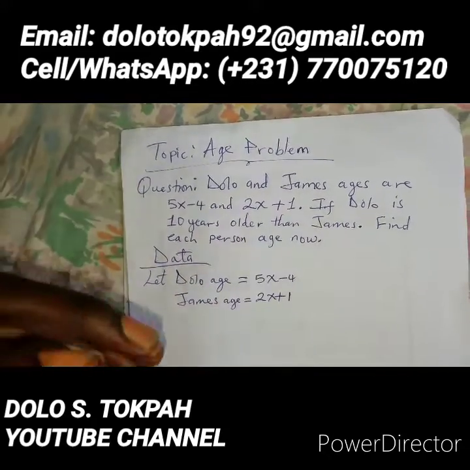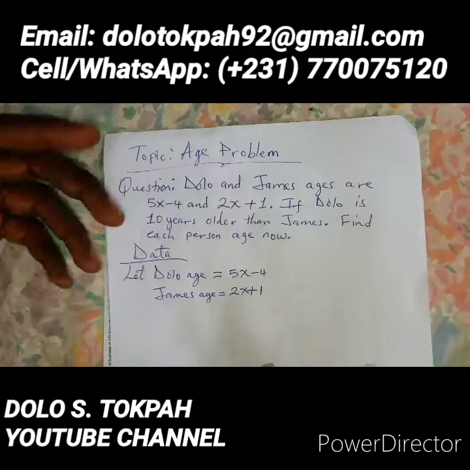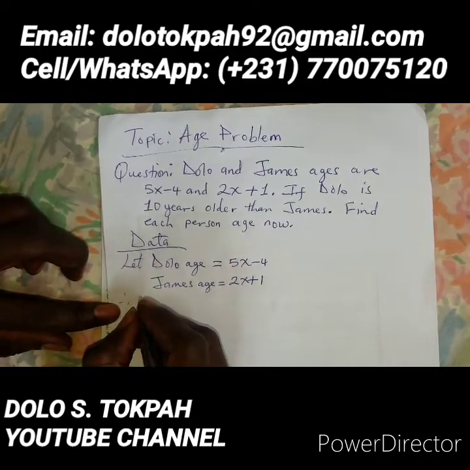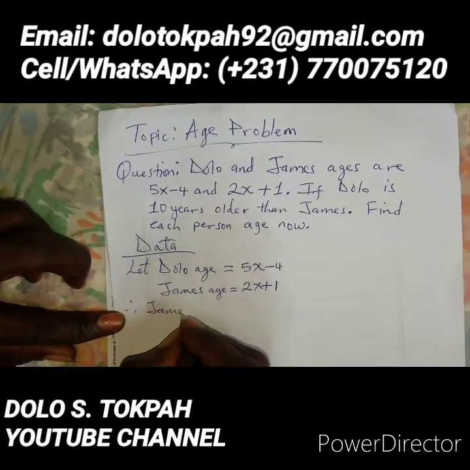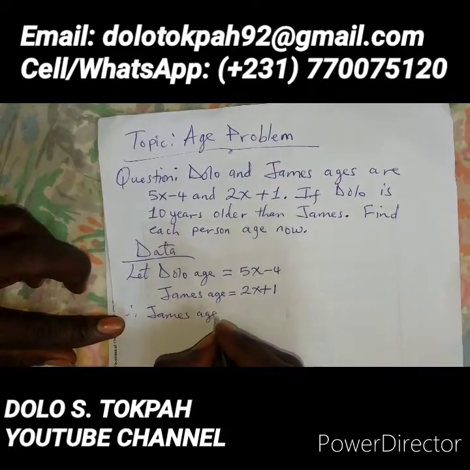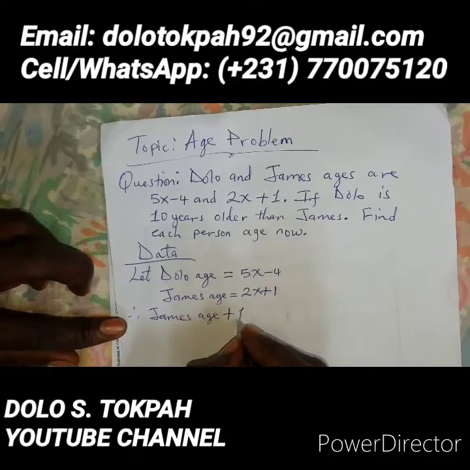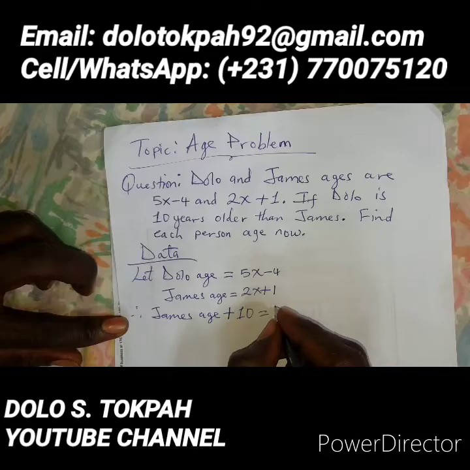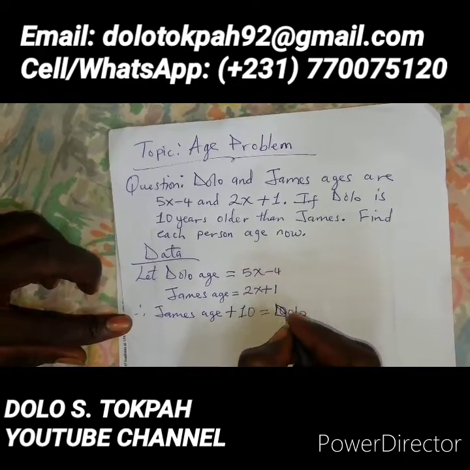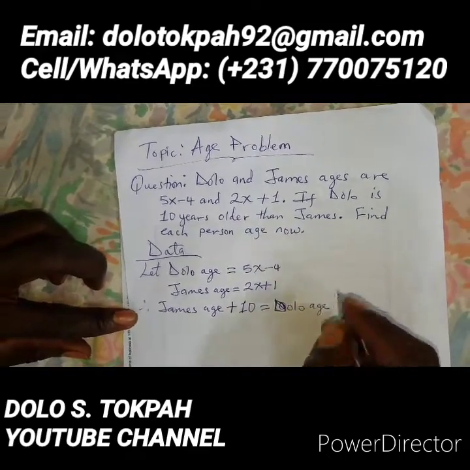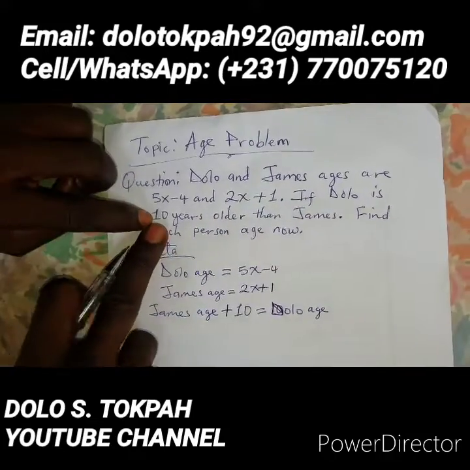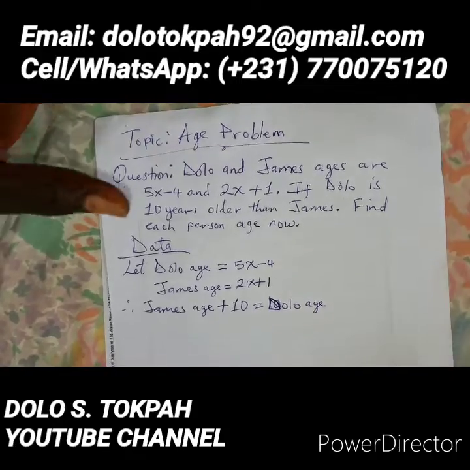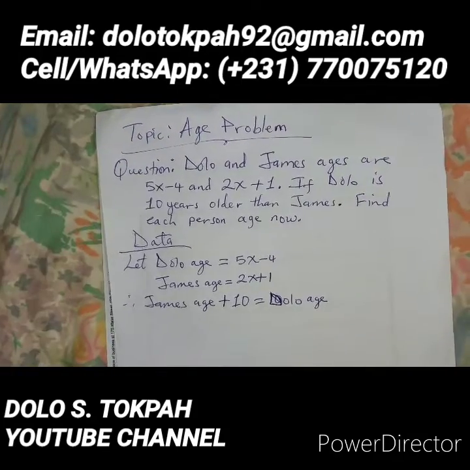Then, to make our problem easy in terms of analysis, we can conclude: James's age plus 10 must give us Dolo's age, because the question said Dolo is 10 years older than James. That means when you add 10 to Jim's age, you get Dolo's age now.